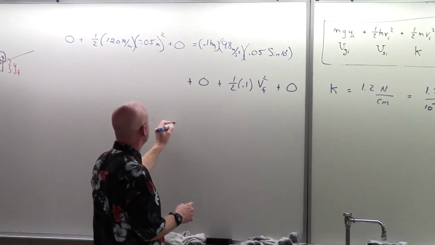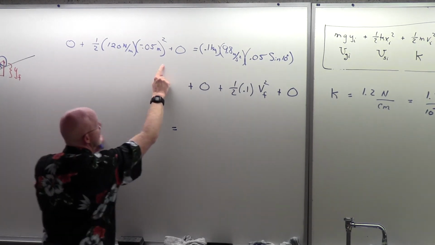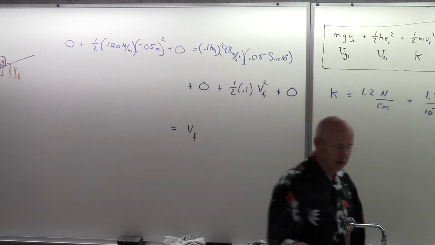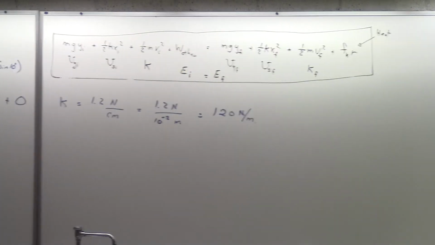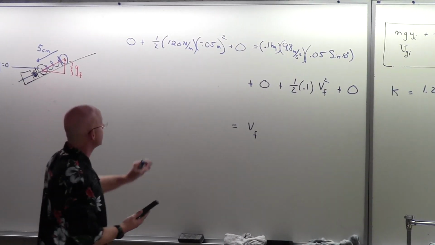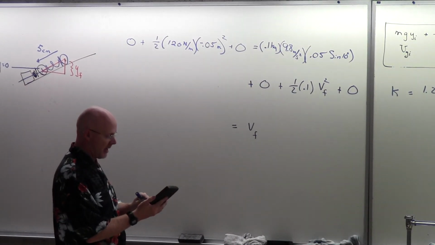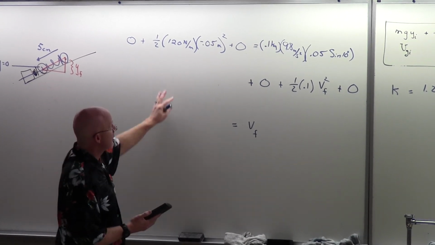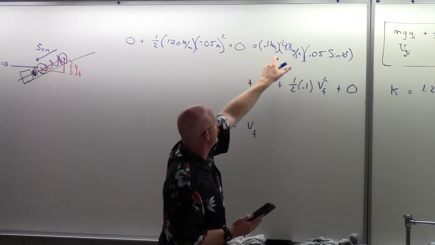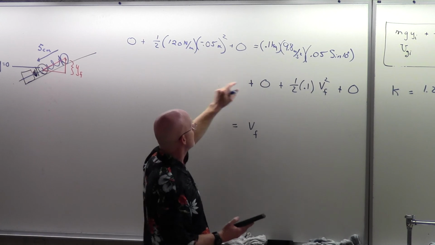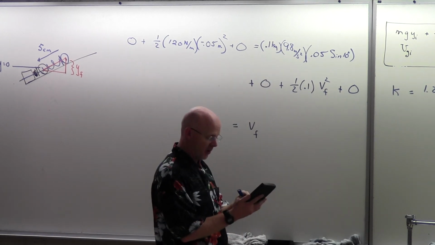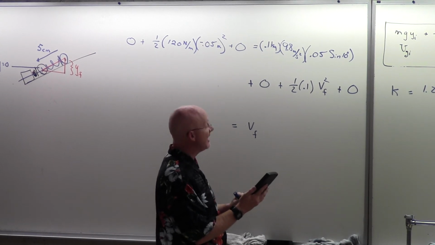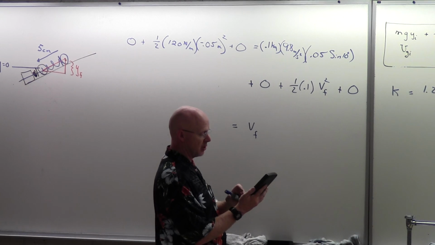But to finish this problem, you can begin to see that I know that number, and I know all of those. And again, nothing better than having an equation where you know everything but one variable so that you can solve it. So starting with this one, I will go 1/2 times 120 times 0.05 squared. And so that's 1.5. Moving this to the other side would be a subtraction, so I will minus 0.1 times 9.8 times 0.05 times sine of 10 degrees.